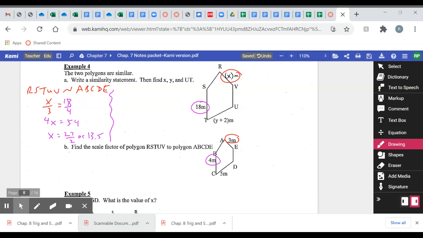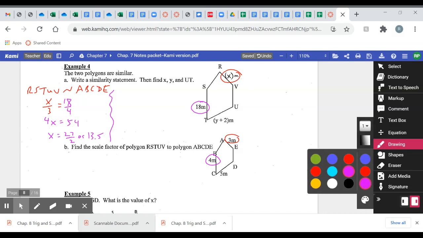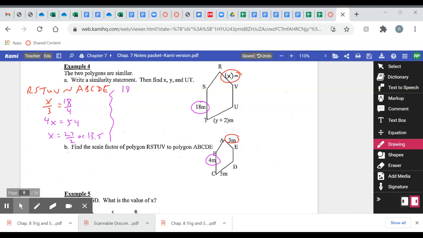All right, from there, if we go and set up a proportion, we can use that 18 over 4 just like we already did. But we can also pair that up. If I want to figure out what y plus 2 is, I can see it corresponds with the 5. So I can say y plus 2 over 5.